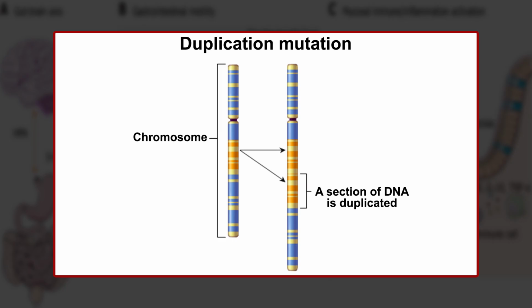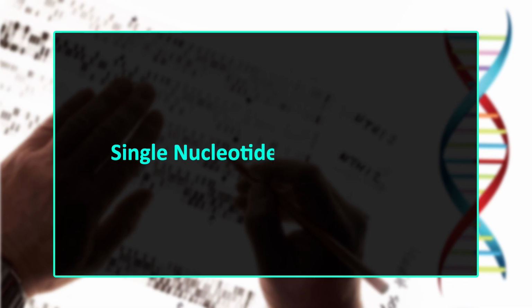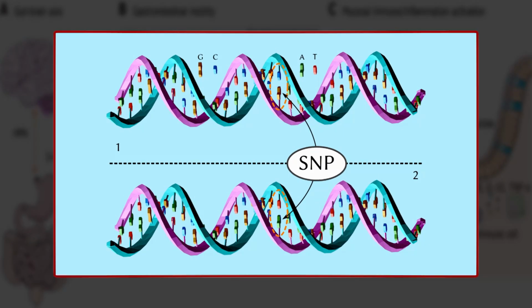Dear students, let's now discuss single nucleotide polymorphisms, or SNPs. A single nucleotide polymorphism is present at a particular nucleotide site. The DNA molecules in the population often differ in the identity of the nucleotide pair that occupies the site.